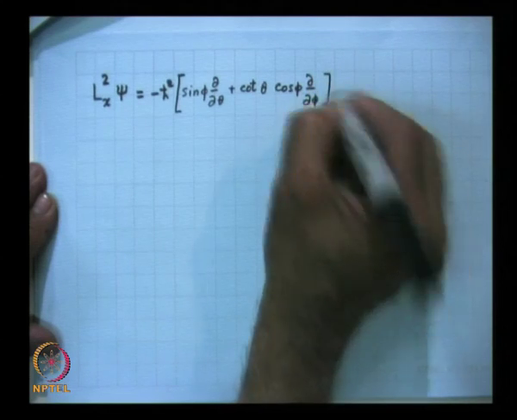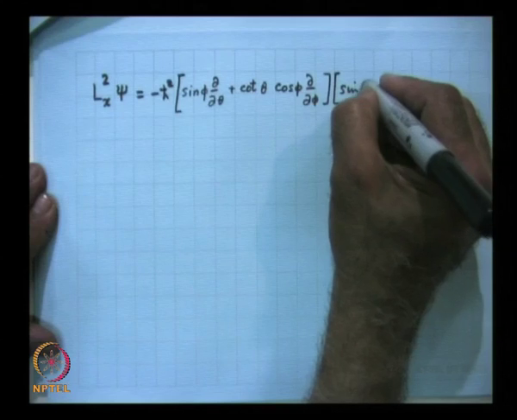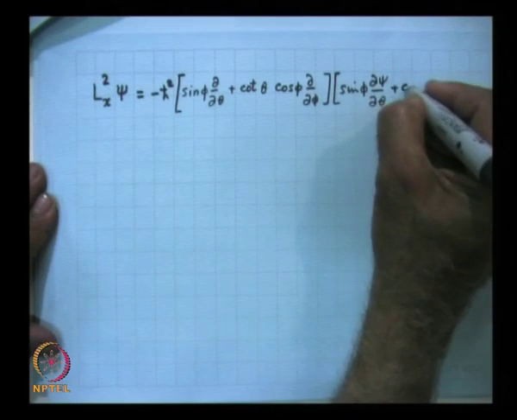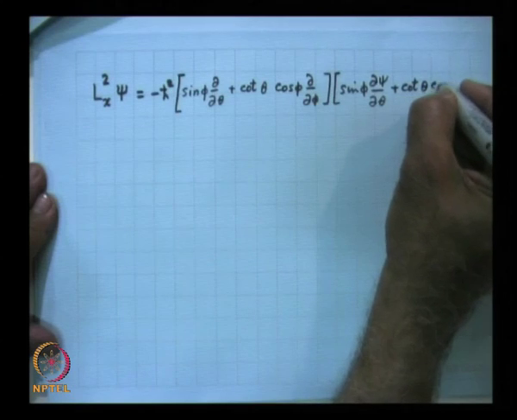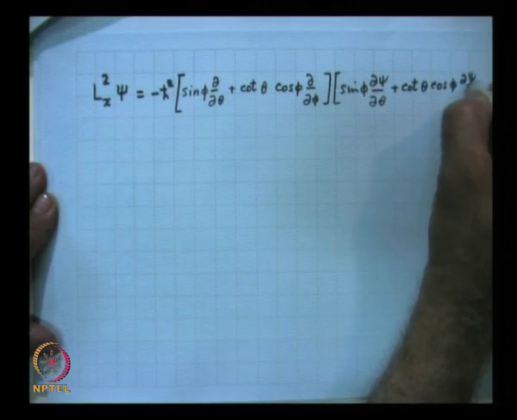This is Lx times Lx, that is sin phi delta psi by delta theta plus cot theta cos phi delta psi by delta phi.